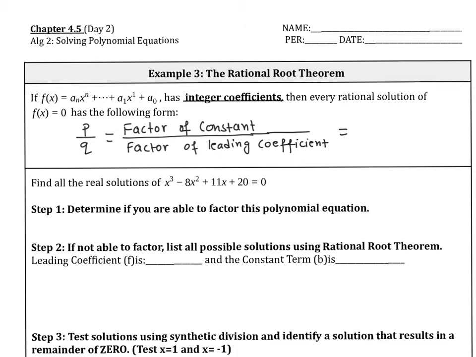In this case that would be a_0 divided by a_n, which means the last number and the first number. So you're going to find the factors of the last number divided by the factors of the front number to find the possible rational solutions of the polynomial.